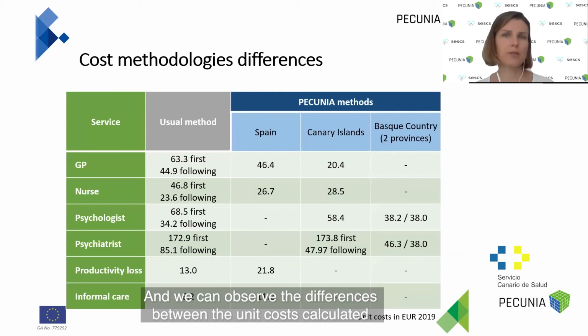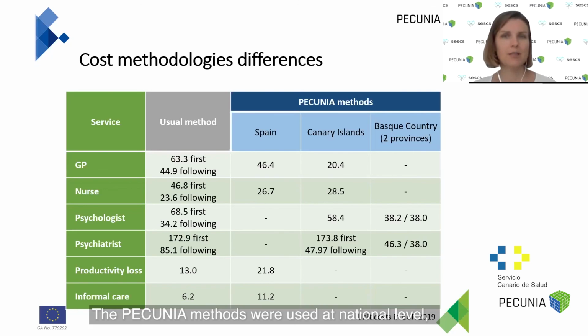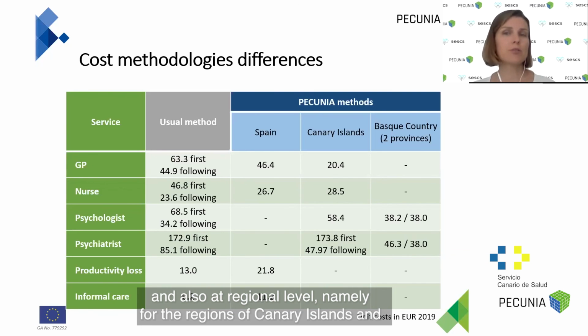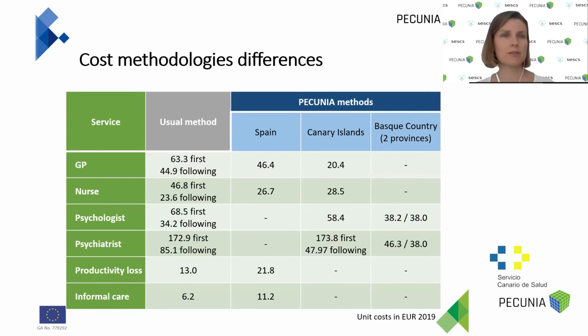And here we can observe the differences between the unit costs calculated with PECUNIA templates and those calculated with our usual method. The PECUNIA methods were used at national level and also at regional level, namely for the regions of Canary Islands and Basque Country. We could observe some important differences between regions and between methods.